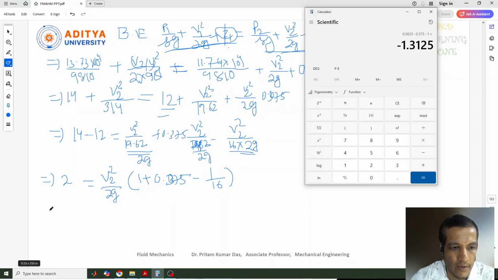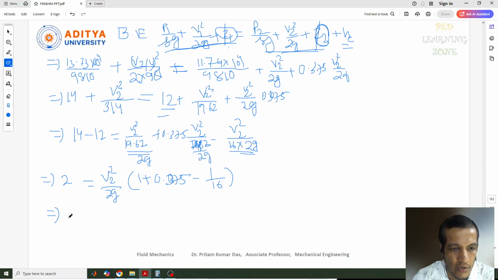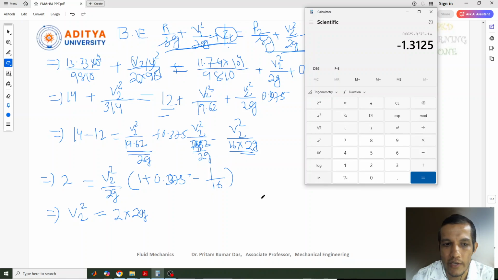So we can write V square equal to 2G, and here we got 1.312.